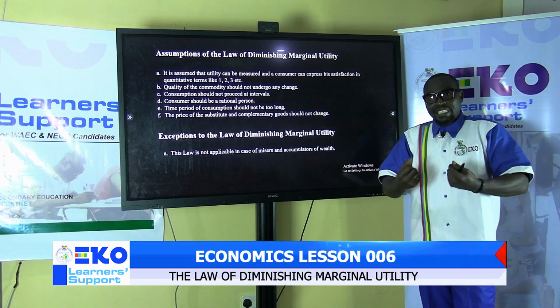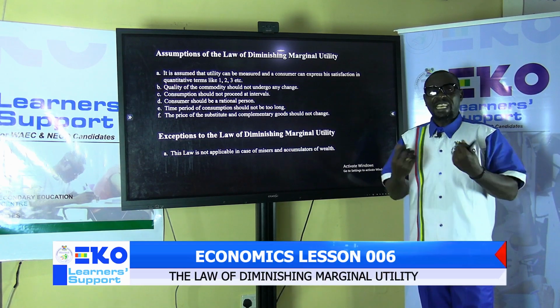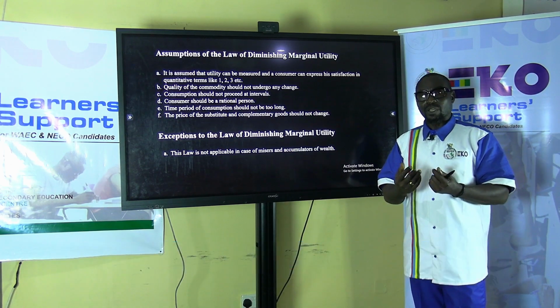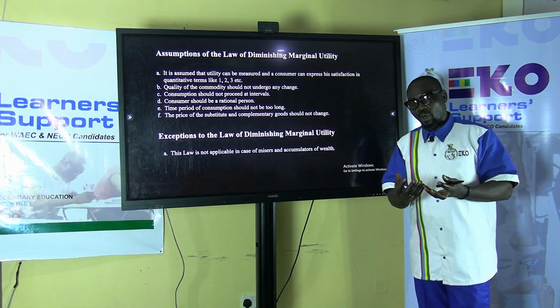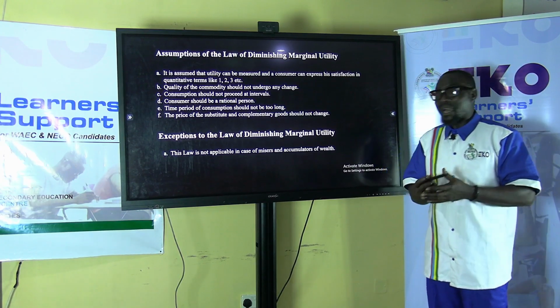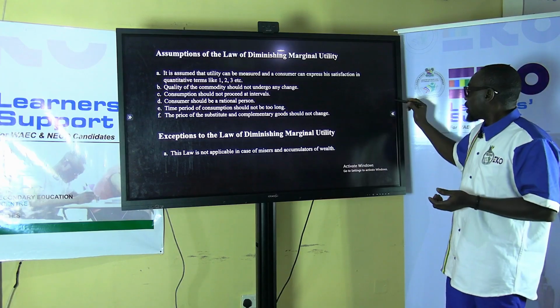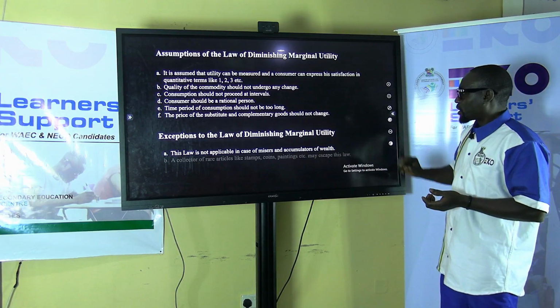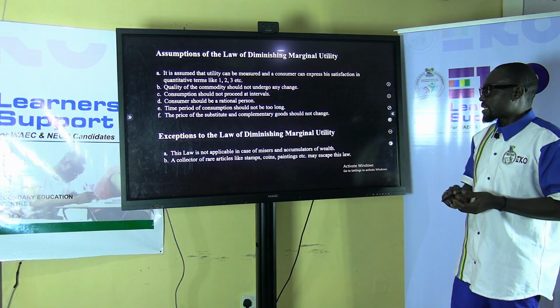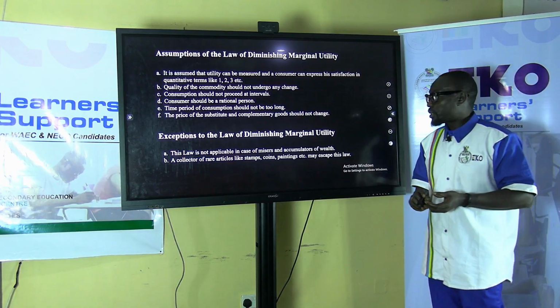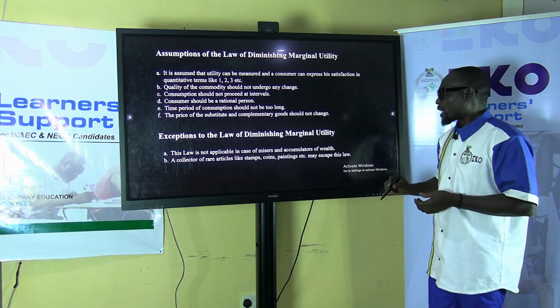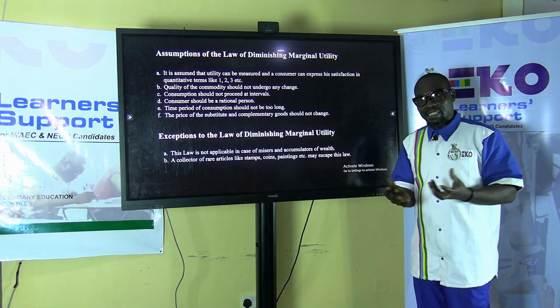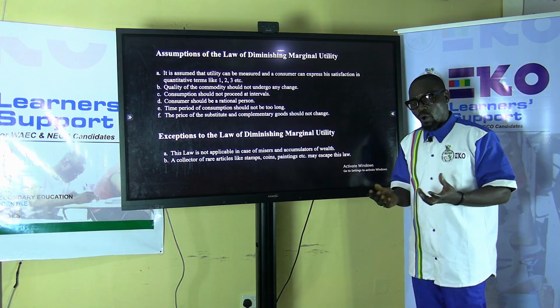Someone who is just hoarding materials for the sake of it. The quantity that they hold is not influenced by price or their income. So for this case, we can say there's an exception to the law of diminishing marginal utility. A collector of rare articles like paintings, stamps, and so on.